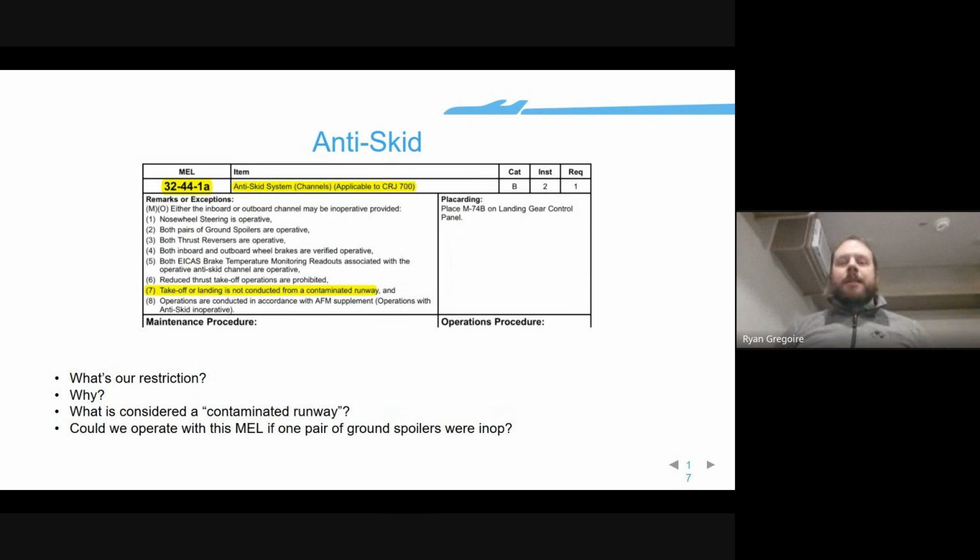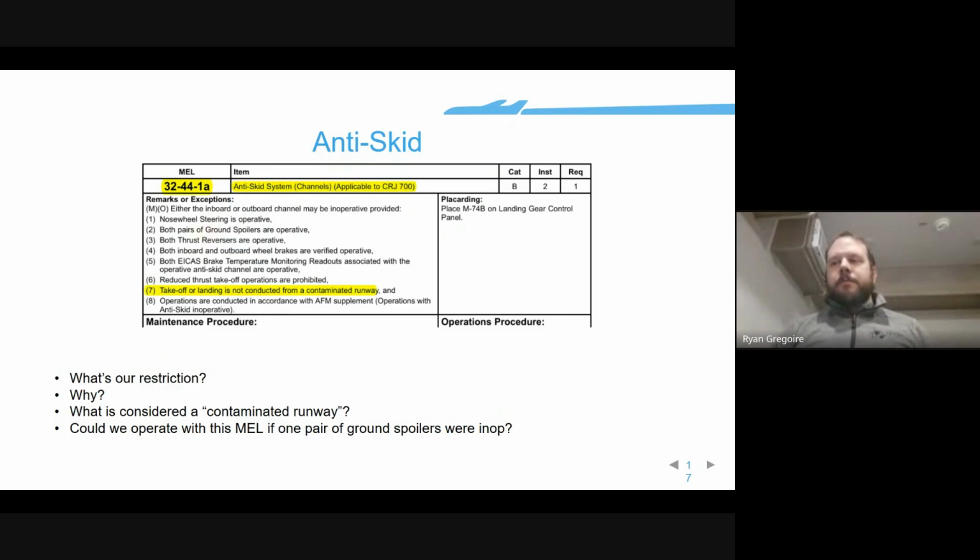And there are a lot of MELs and performance factors that will state that either you cannot operate to or from a contaminated runway, or you have increased restrictions operating to or from a contaminated runway.